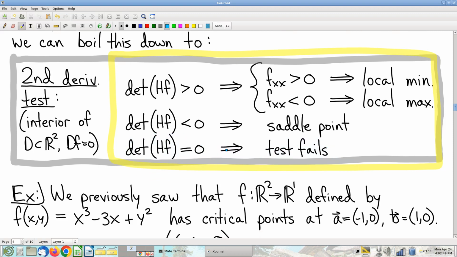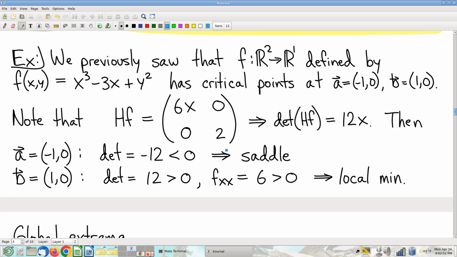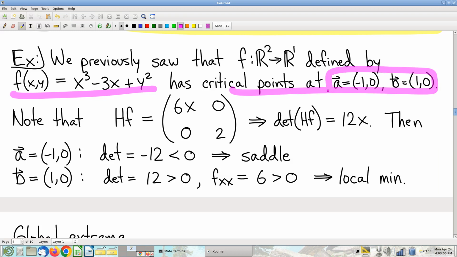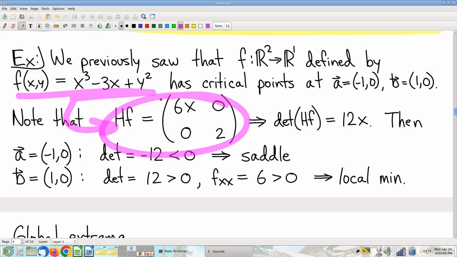Here's an example of how to use those rules. We're going to look at this function here, of which we've previously found these critical points. So let's test them real quick. Notice in order to do so, we're going to need to know the Hessian matrix, various partial derivatives. We're going to need to take the determinant of that Hessian.